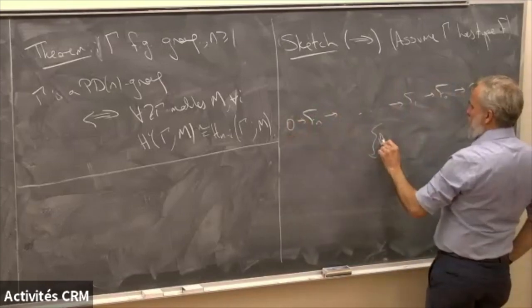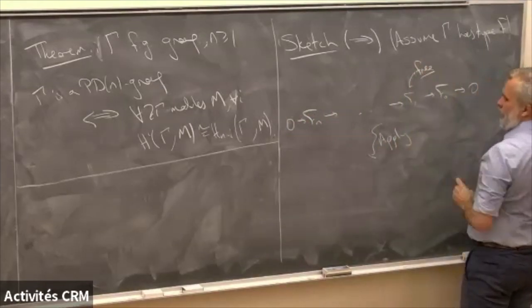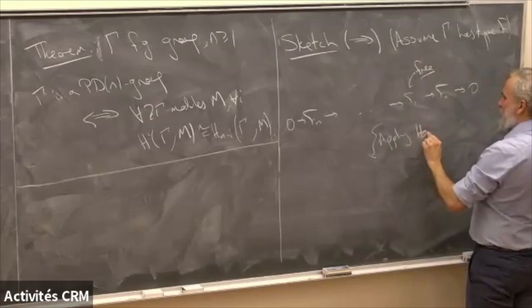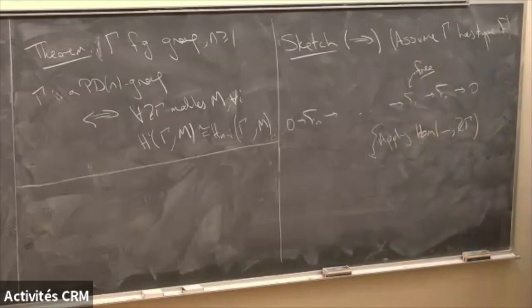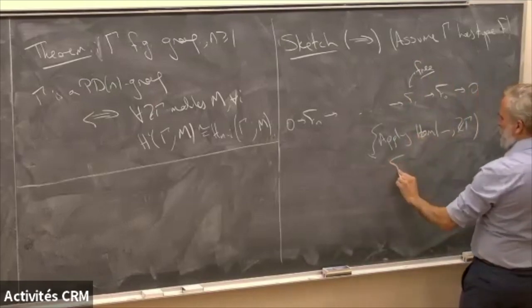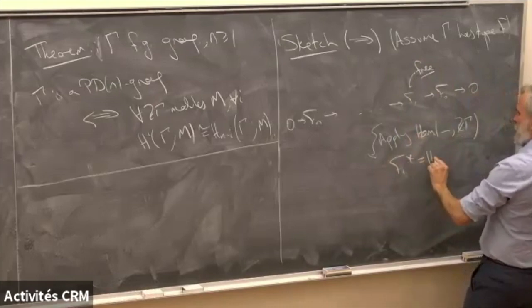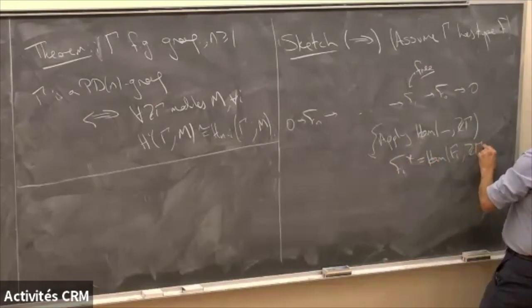So now I'm supposed to apply, and these are all free, I'm going to apply Hom(-, Z gamma). Okay, so I can do that. And that's going to calculate the cohomology of gamma with Z gamma coefficients, which is the thing I know something about. Okay, so I'm just going to write F_i star as Hom(F_i, Z gamma).